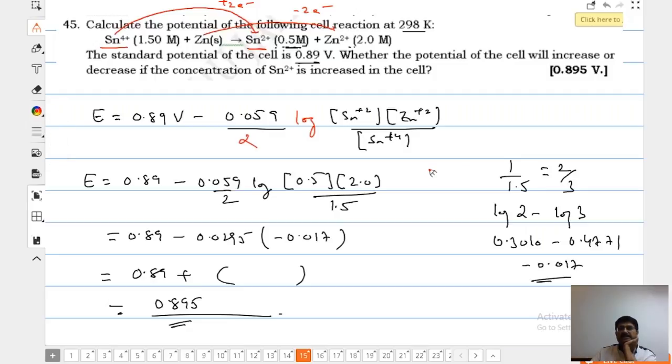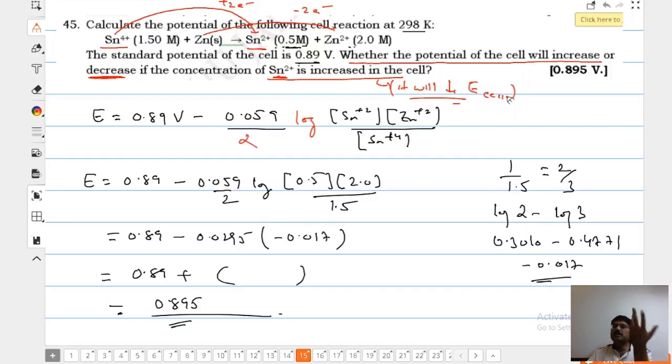Now he has asked one more thing, whether the potential of the cell will increase or decrease if the concentration of Sn plus 2 is increased. Sn plus 2 is on the right hand side. So if you increase it, it will decrease. It will decrease E cell.